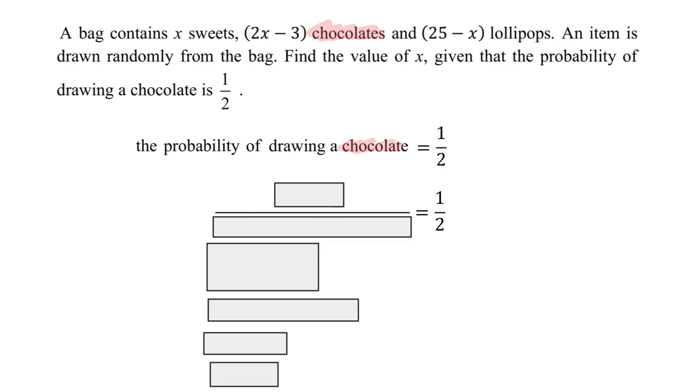So first, we need to know what is the total number. So therefore, you will see that the very first thing that comes to Mr. Tan's mind is, how many out of the total number?